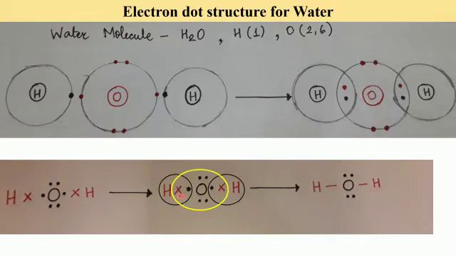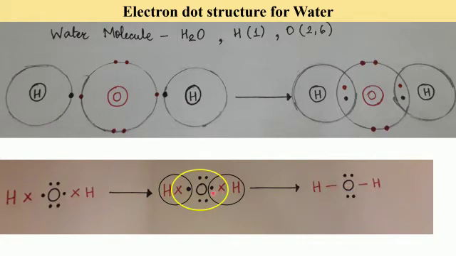Now here hydrogen is sharing its 1 electron with 1 electron of oxygen. Similarly, this hydrogen is also sharing its 1 electron with 1 electron of oxygen. As a result, when one pair of electrons is being shared, we will have a single bond between hydrogen and oxygen on this side.